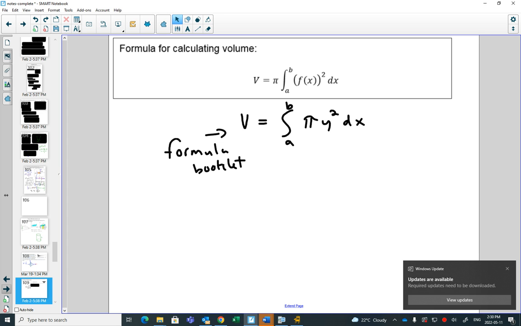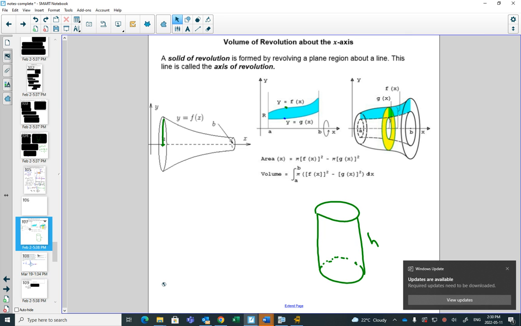It wouldn't be the two of them together, then squared. Yeah. So as we have here, I have it at the beginning part, it's f of x squared minus g of x squared.